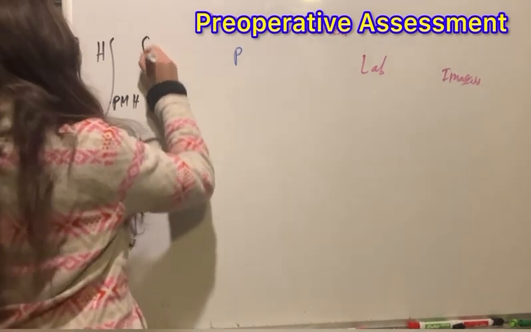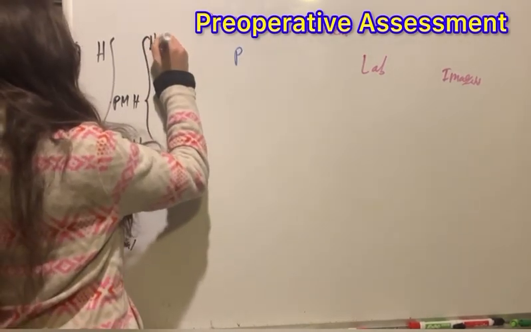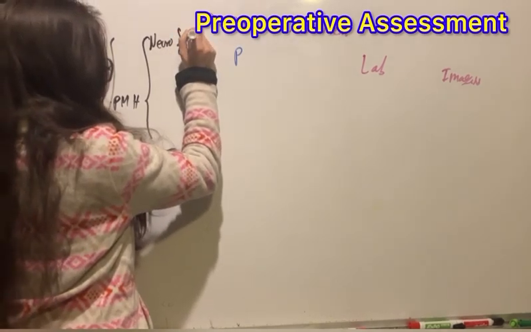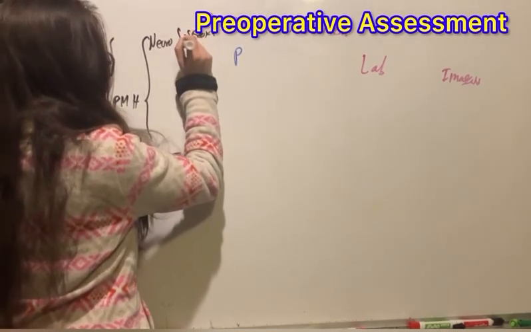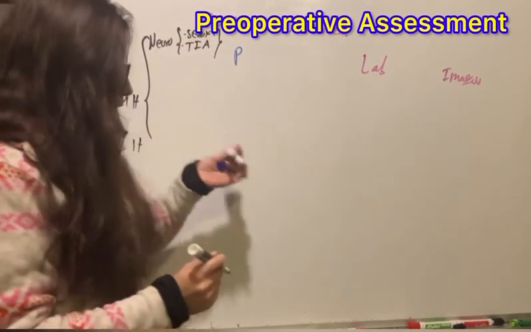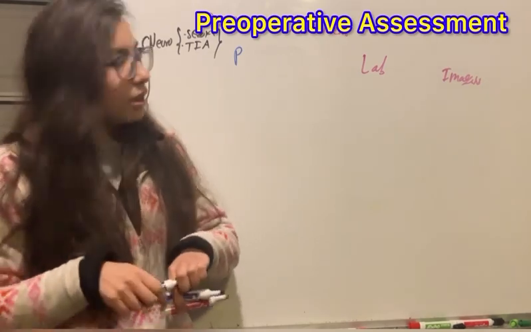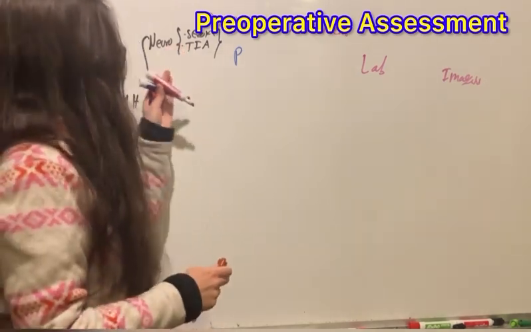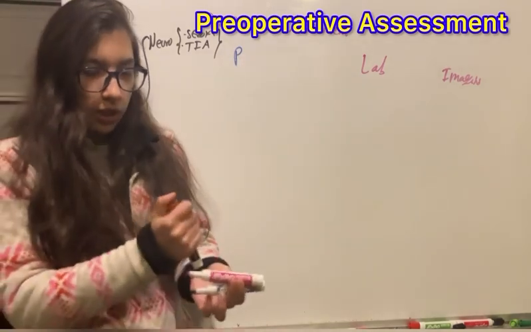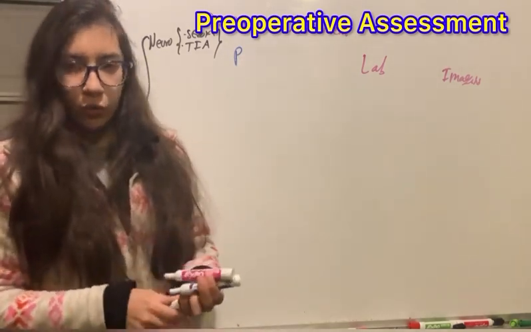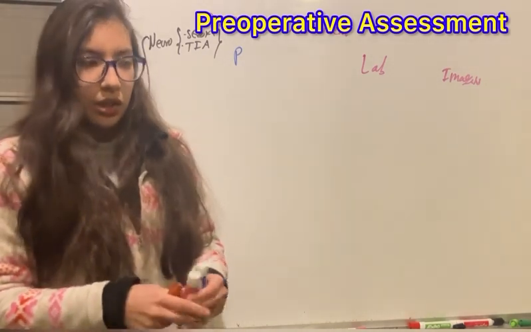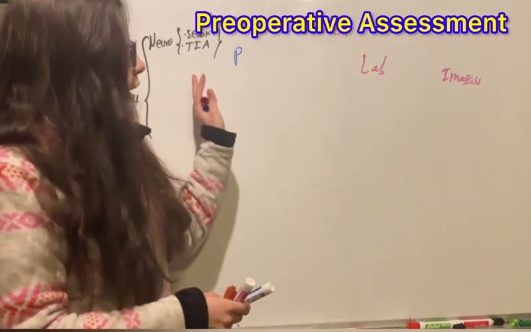So past medical history, we need to evaluate neuro. This is if the patient has had a stroke or a transient ischemic attack. This is because morbidity and mortality are going to increase in a patient with this history, stroke or TIA, after a cardiac surgery, and also because one of the most important complications in cardiac surgery is ischemia to the brain.